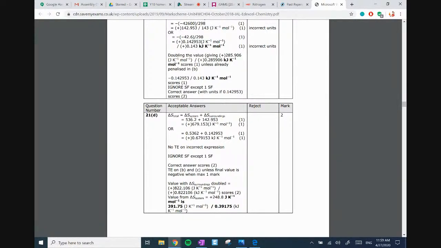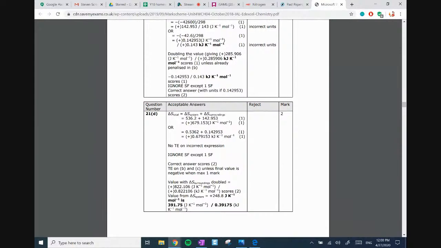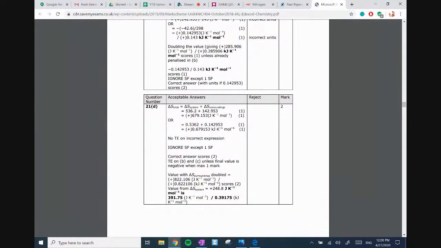I'm wondering if they mind about the decimal places. Technically it'd be rounded to 680. Do they allow 680? Positive value must be there. Note: TE on incorrect expression. Ignore significant figures except for 1. So it's fine, we're good.